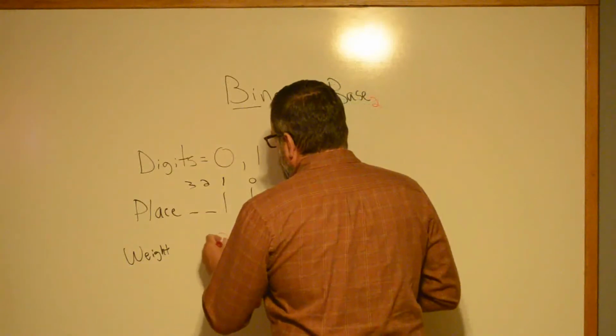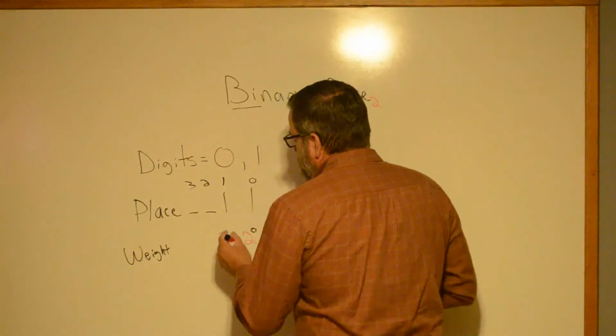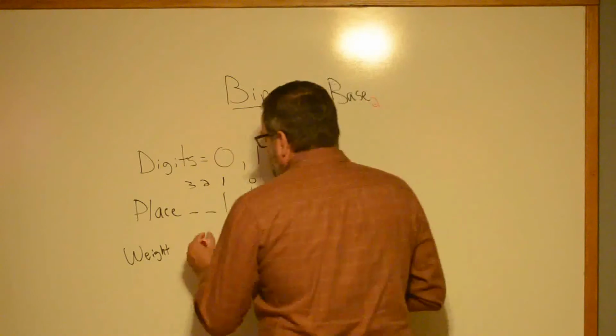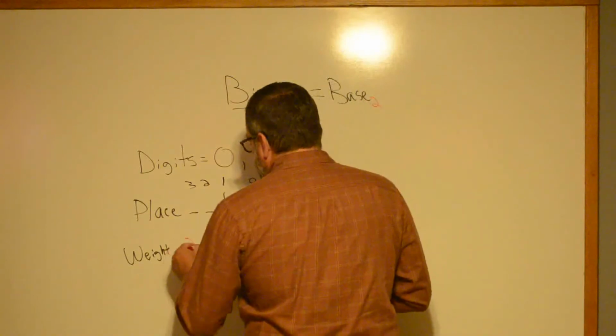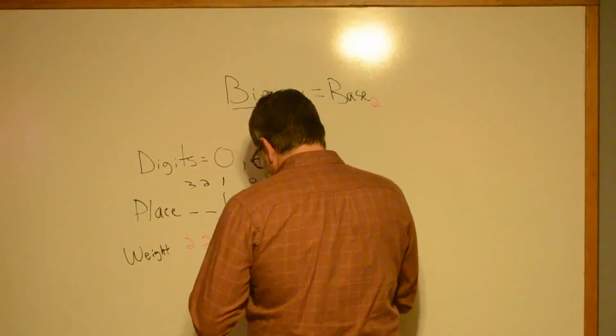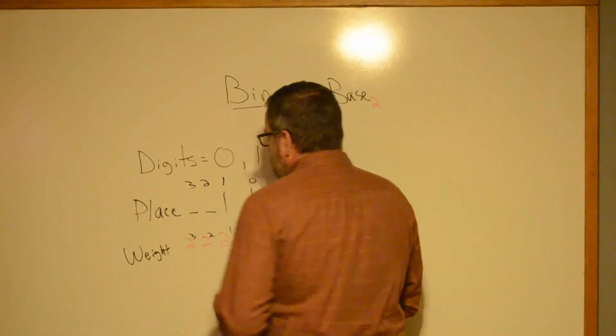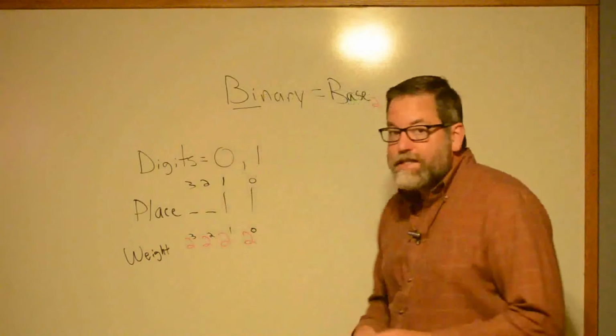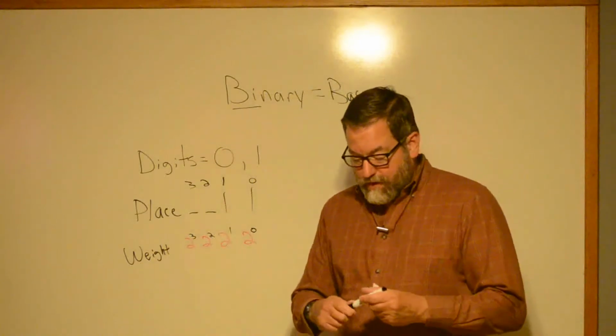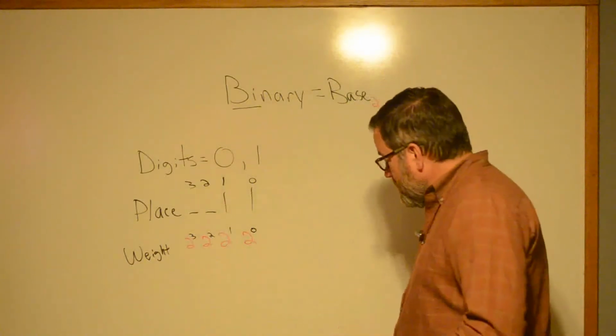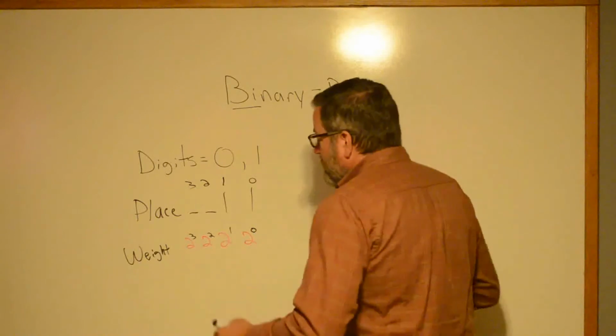And here I'm going to take 2, I'm going to raise it to the 1st power. And then here, if I had values in those positions, I would square 2 and cube 2. Okay? So now you can see the weight is going to change. It's going to be different, and it's determined by the base.